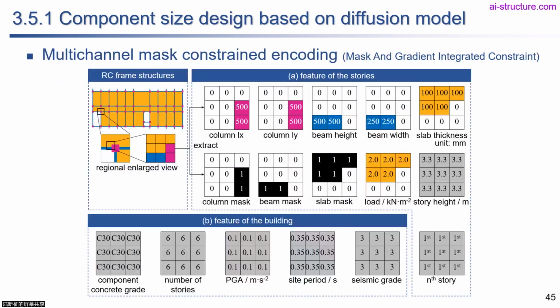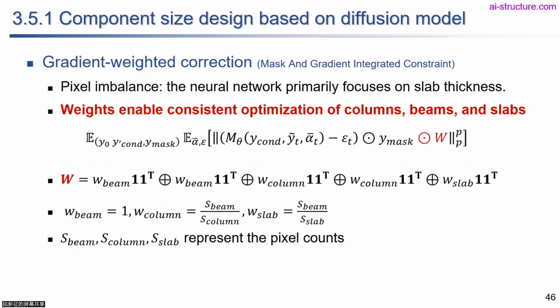So firstly, we still use what we call the mask algorithm to embed the design conditions, for example your column concrete grade, the load, and all this information, into the training data. And we also use this algorithm to control the proportion of pixel numbers of the column, the slab, and the beam, so they can learn together.